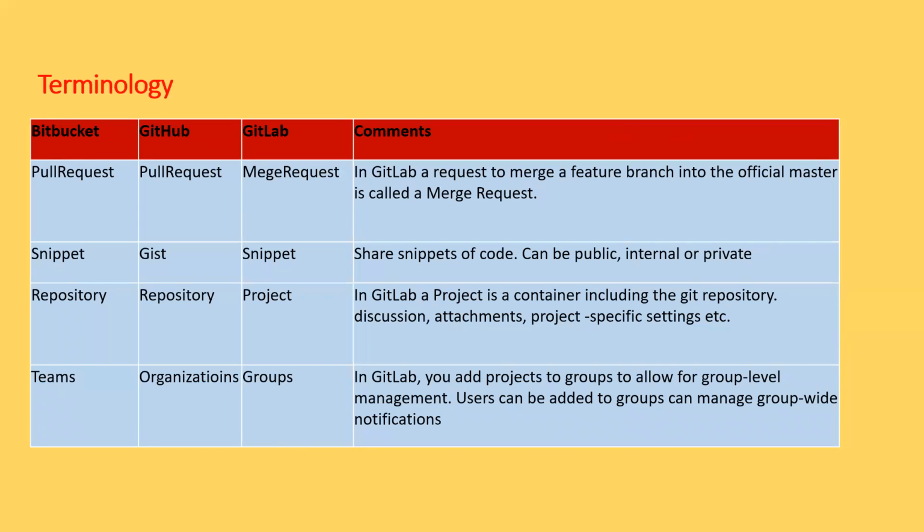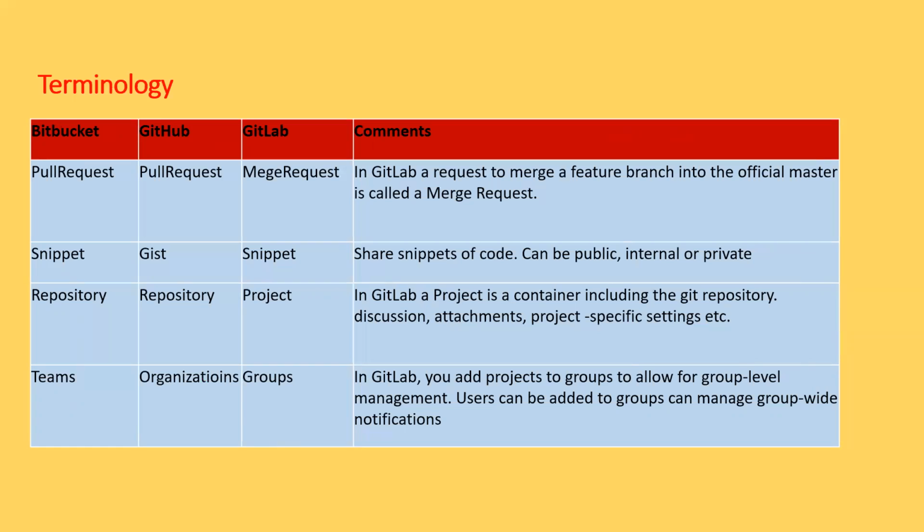Next, snippet. A Bitbucket snippet, a shared snippet of code, can be public, internal, or private. This is termed a gist in GitHub, and in GitLab it's termed a snippet. And a repository is termed a repository in Bitbucket, and the same in GitHub.